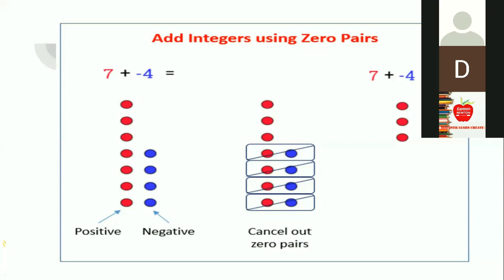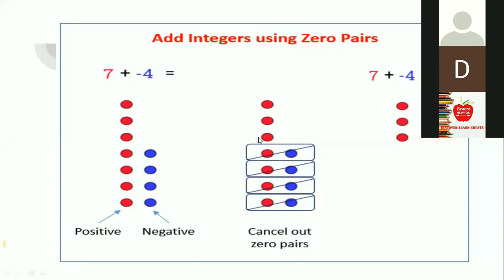Next, positive and negative are mutually opposite. So one positive and one negative cancel. Again, one negative and one positive cancel. So negative and positive cancel each other. Then what is remaining? We are cutting them. After removing them, what is remaining? Whichever is more, positive or negative, is remaining. So here it is clear.